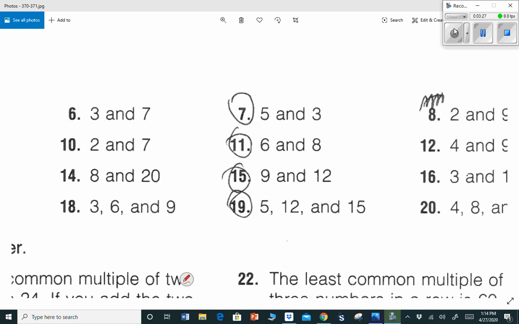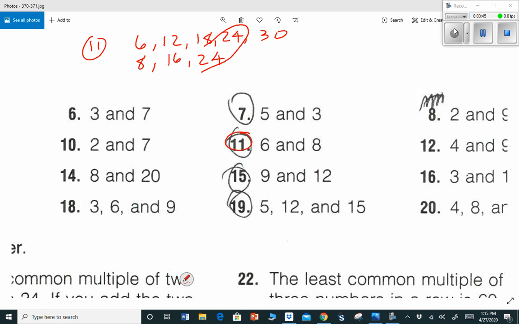I'd like to jump to number 11. Copy it down, 6 and 8. Count by 6s, 12, 18, 24, 30, and 8, 16, 24. Oh, there it is, 24. 24 is the lowest number that is a multiple of both 6 and 8.